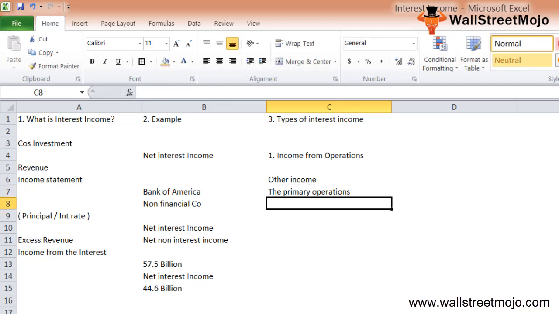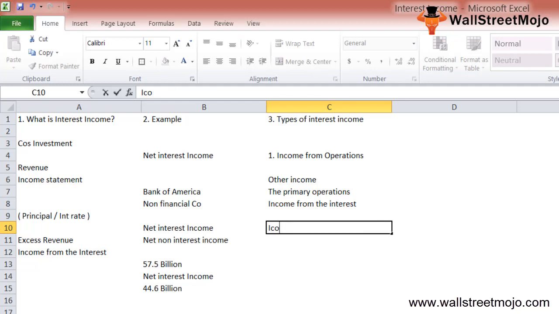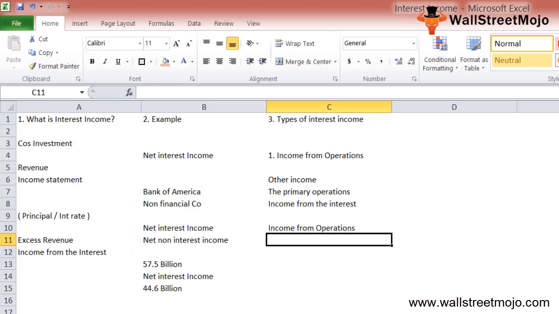If the business is primarily making income from investments, that is, primarily making income from interest, like lending companies and financial institutions, then this is taken as income from operations. So we note that Bank of America's core income is only from interest.